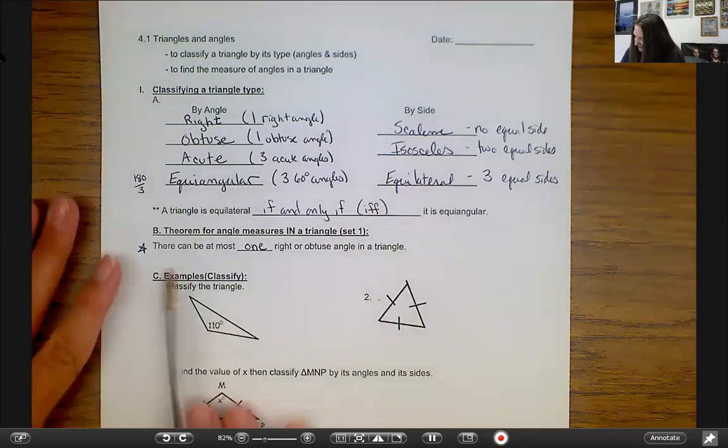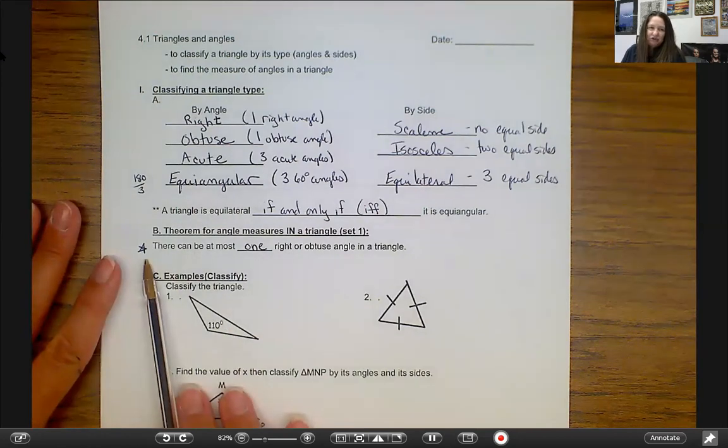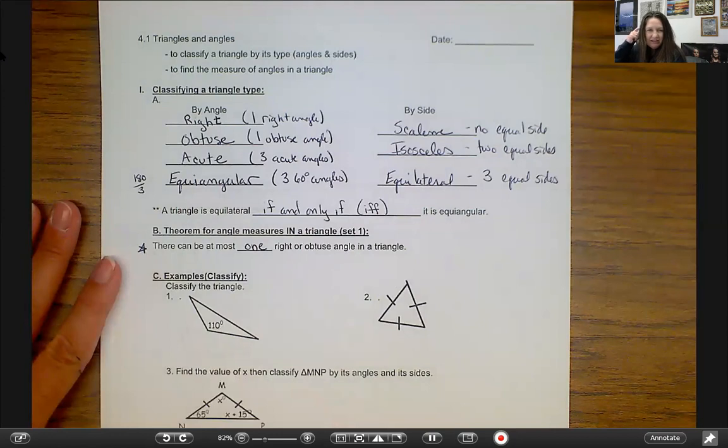And another conclusion that I want you to draw about your triangles is that there can only be one right angle or one obtuse angle in a triangle. Now I want you to think about that because a right angle is 90 degrees. Well, if you had two 90-degree angles, you already have 180 degrees and you don't have anything left for your third angle, so you can't make a triangle.